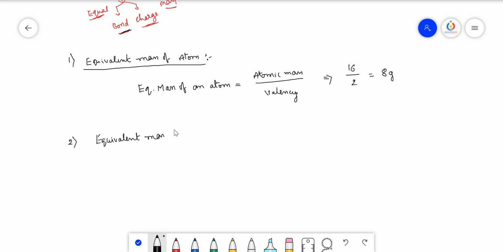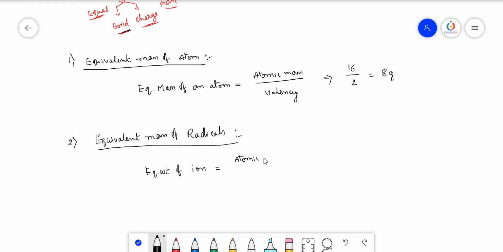Equivalent mass of a radical, or of an ion, may be any ion: it equals the radical mass, or simply you can take the atomic mass here also.